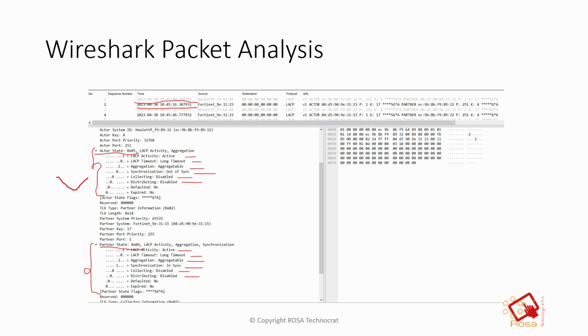These are the different flags. In the same way you will see the partner state, which is from the remote end. If you expand that particular LACP packet and go under Link Aggregation Control Protocol, you will be able to see these details here.